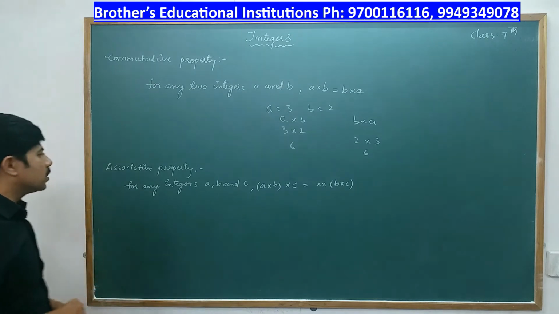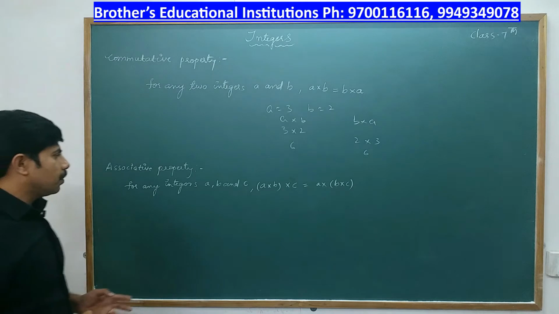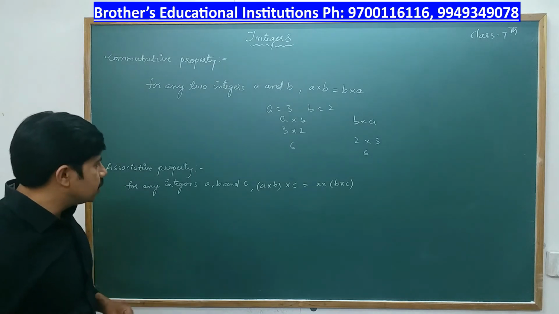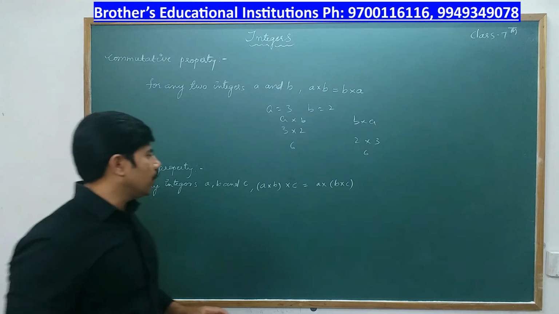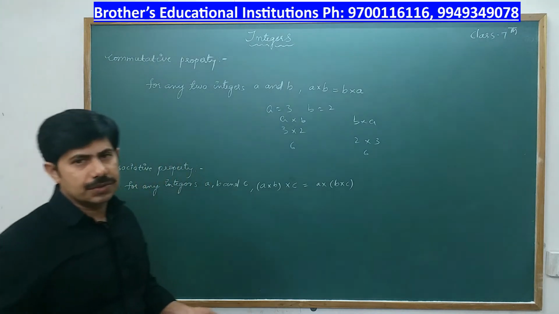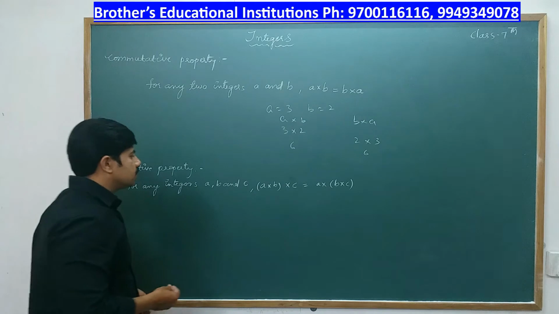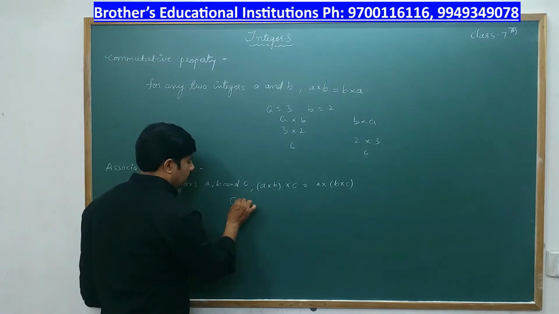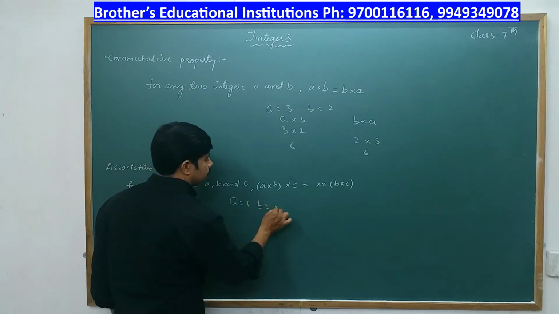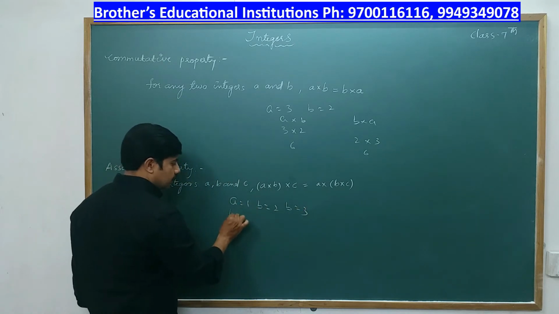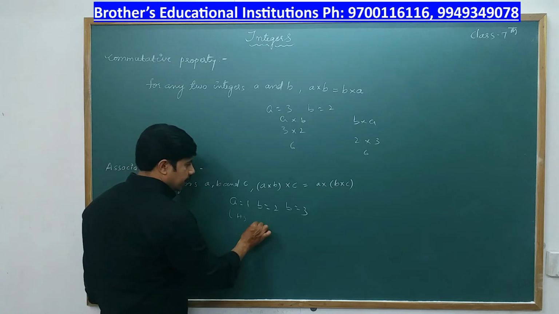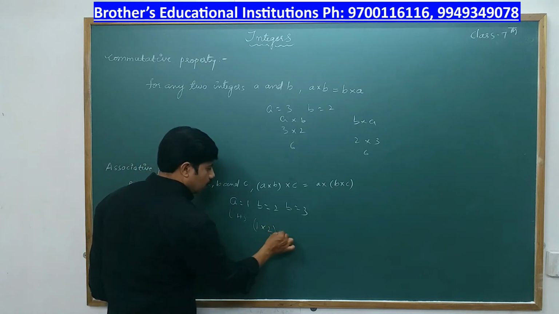The next one is associative property. For associative property, we have a, b and c as three integers. Then (a into b) into c is equal to a into (b into c). To prove this, we take an example by assuming three numbers and substitute in LHS. LHS is (1 into 2) into 3.